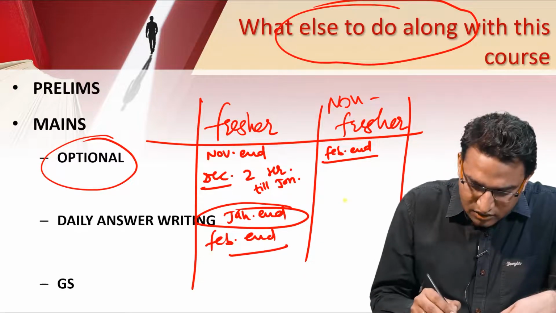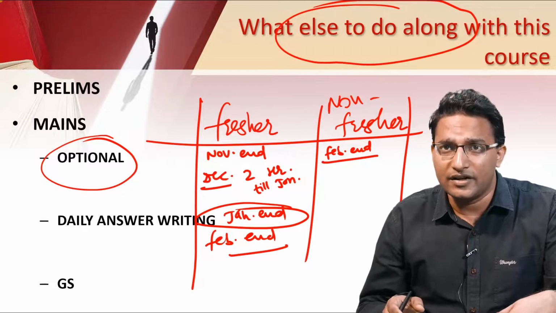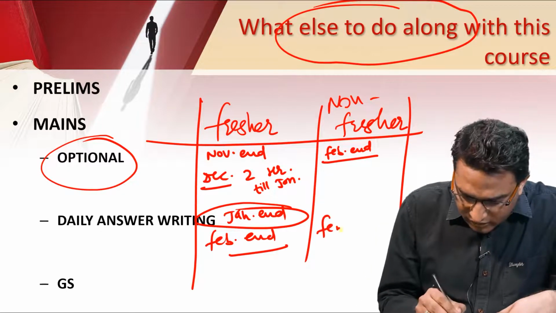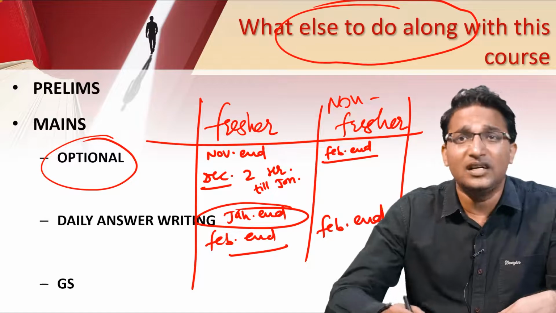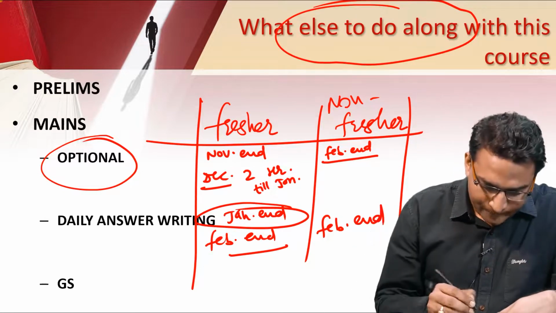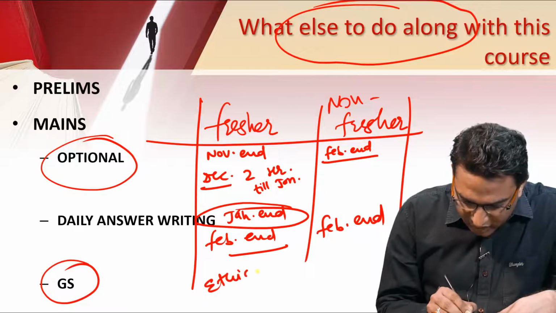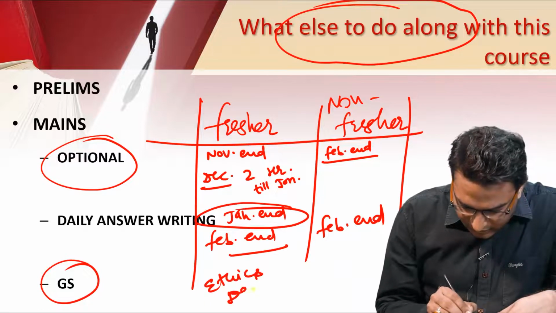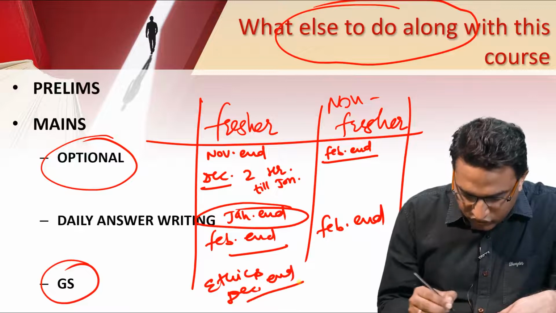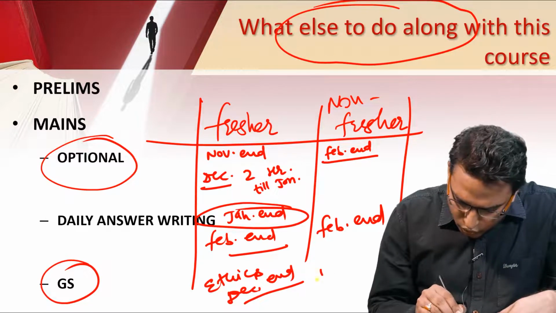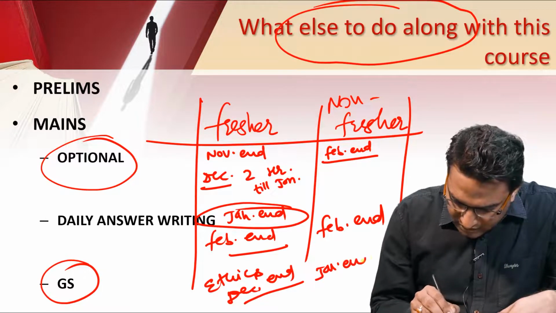For the non-freshers, the people who have already studied and completed the GS mains course, I will recommend that you continue the daily answer writing, maybe even 1 or 2 questions, till February end. In the GS mains, if you haven't covered any area, for example ethics, then you should cover that area till December end. And for the non-fresher, you can continue with your weak areas till January end.